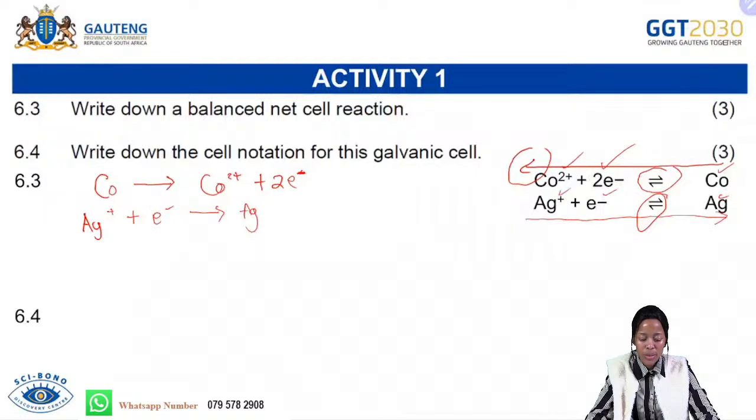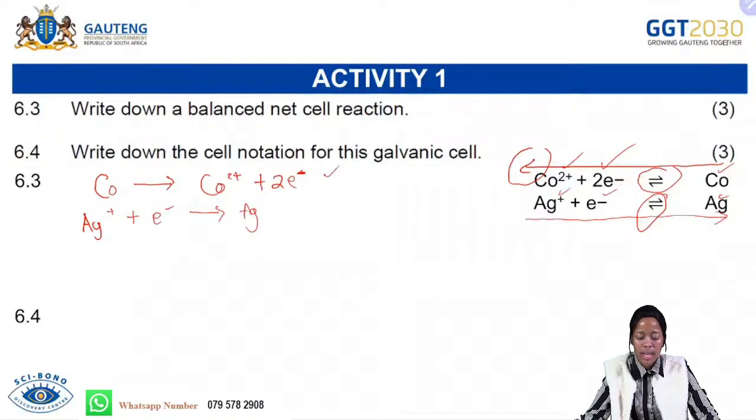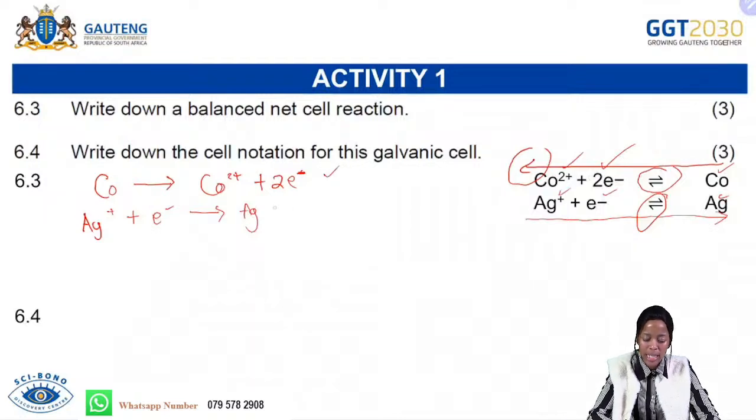So from there, the first step when it comes to a balanced net cell reaction is what? Writing the correct half reaction in terms of what? Oxidation. Have we done that? Yes. Number 2, you need to write the correct half reaction in terms of what? Reduction. Have we done that? Yes. Then number 3, what is it that you are going to check?